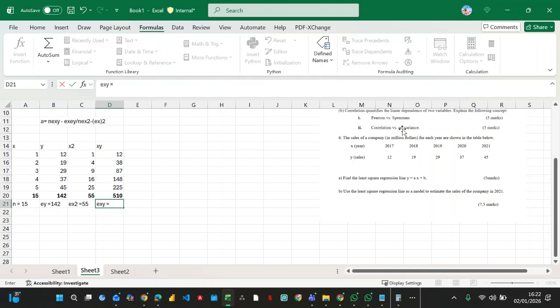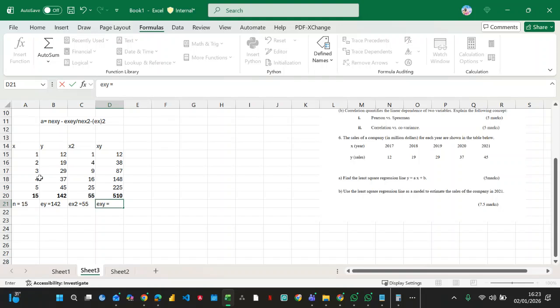The a here is the coefficient of the independent variable, which is x. Let me just say coefficient of x.